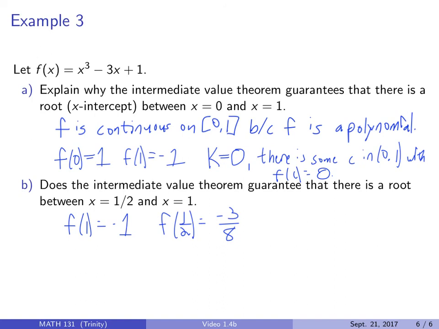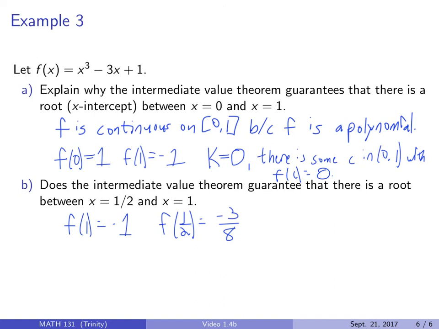I can't use the intermediate value theorem to guarantee that there's an x value c such that f of c equals 0. I can only do that when my y values have one positive and one negative. Now, a root might exist between 1/2 and 1. I just can't use this theorem in order to guarantee that a root exists because the hypotheses of the theorem aren't met, so I can't make any conclusions for sure.